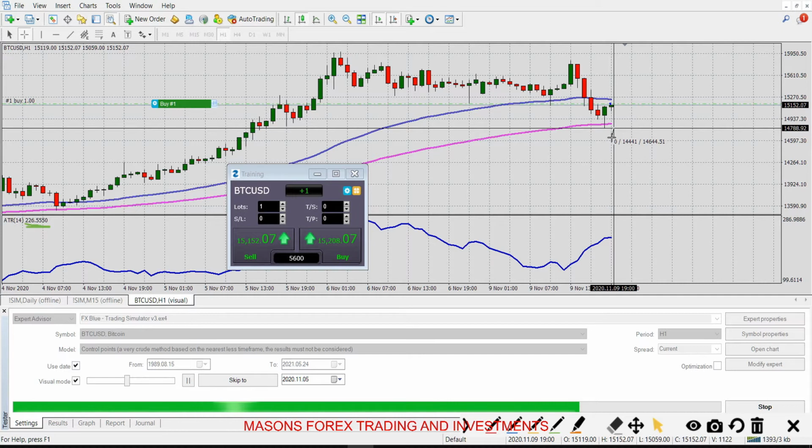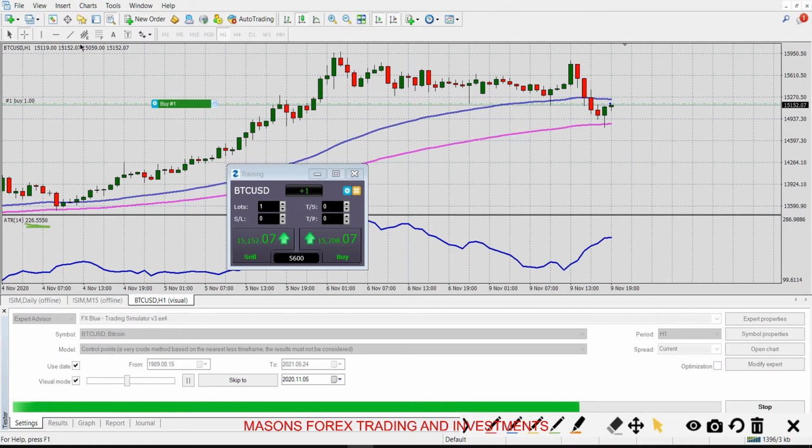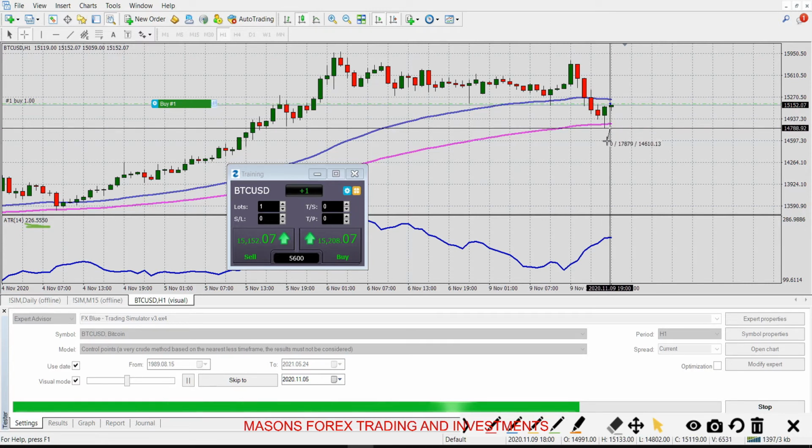So that would be approximately 2,265 pips. I'm going to just approximate it. You can go and find the exact value. So it will be approximately 14,561.